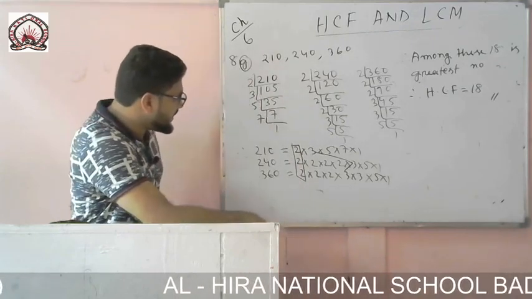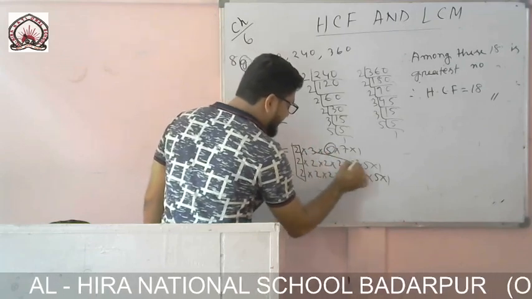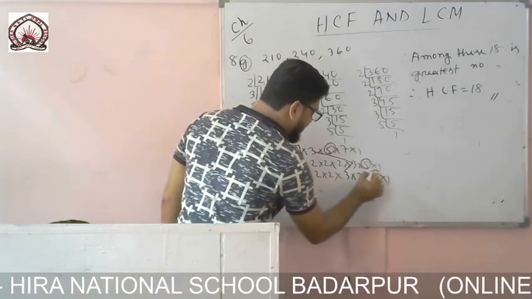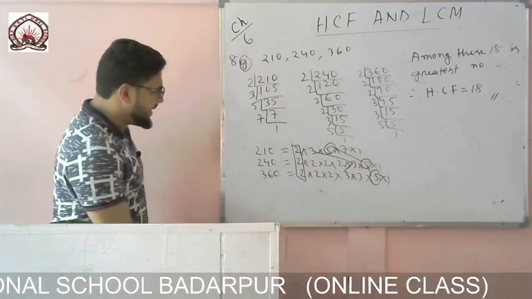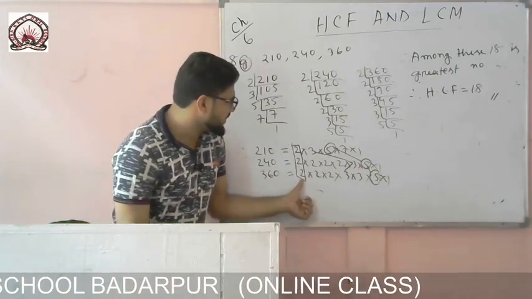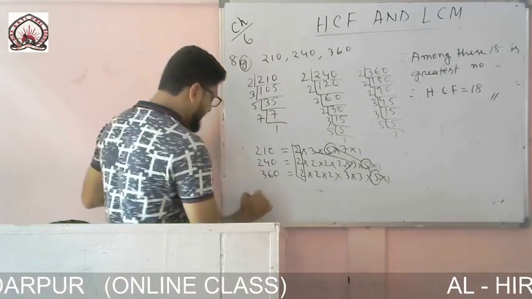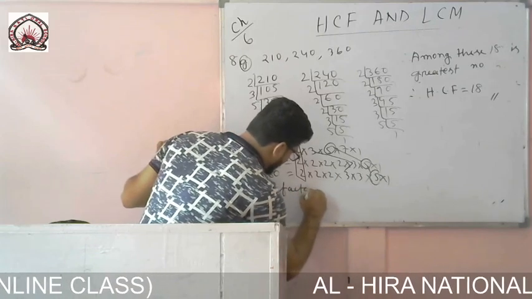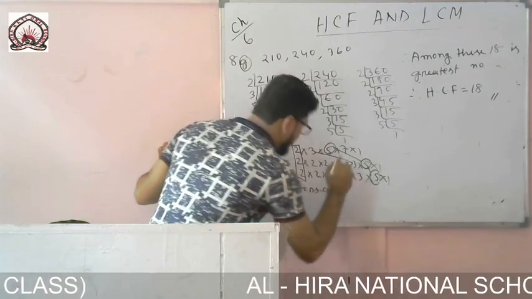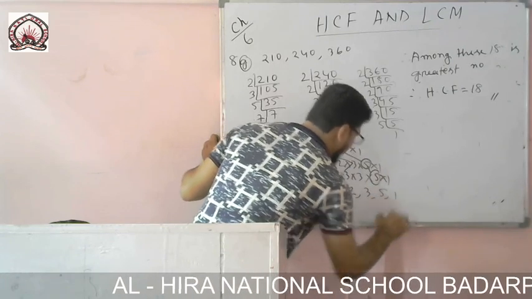Okay. Then these 5 and these 5. So these 5 I can take. So what came? 2 3 5. So right. Therefore the factors are 2 3 5 1.